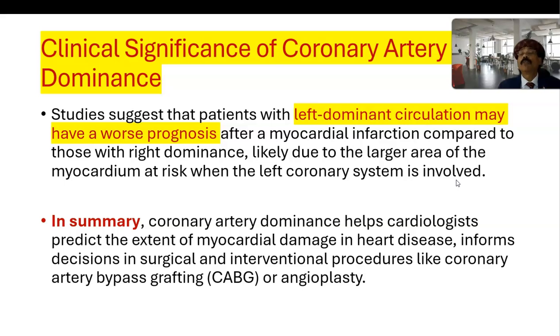And heart failure or cardiac arrhythmia is more common in left dominant circulation. That means the posterior interventricular artery is a branch of the circumflex artery, that is a branch of left coronary artery, and that left circumflex artery will form the posterior descending artery or posterior interventricular artery.